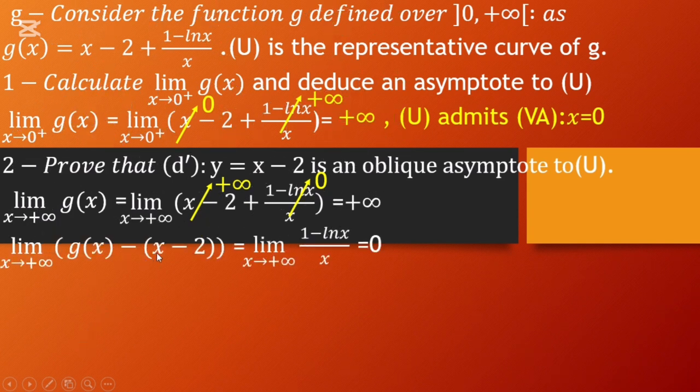Now the limit of g of x minus (x minus 2): when we subtract x minus 2 from g of x, we still have (1 minus ln x) over x, and this limit is equal to 0. The straight line of equation y equals x minus 2 is an oblique asymptote to U.